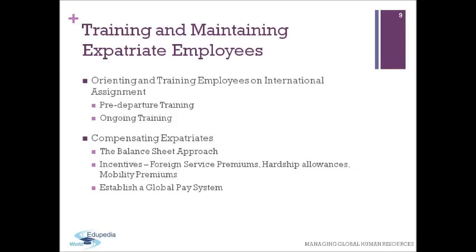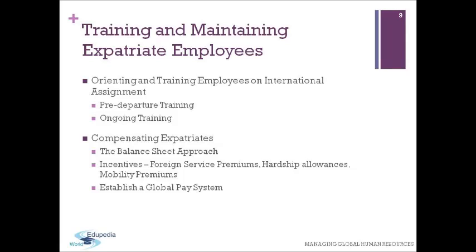Then we have training and maintaining expatriate employees. After deciding who you'll send abroad, attention turns to providing the person with the training, pay, and other support he or she needs to be successful.